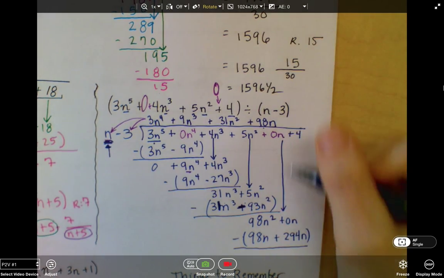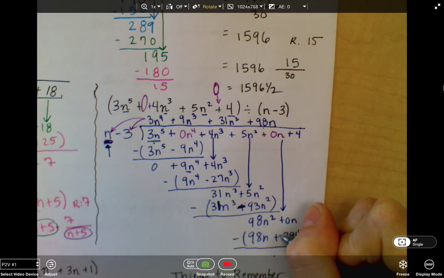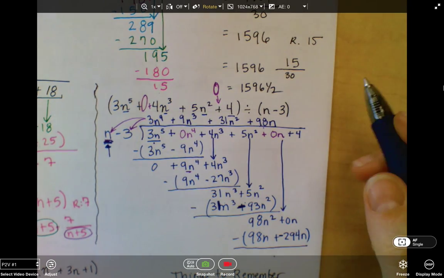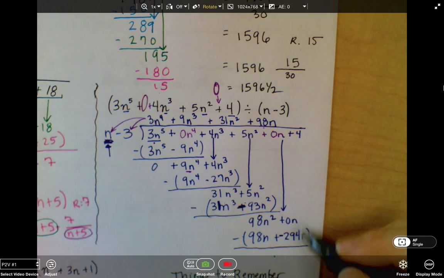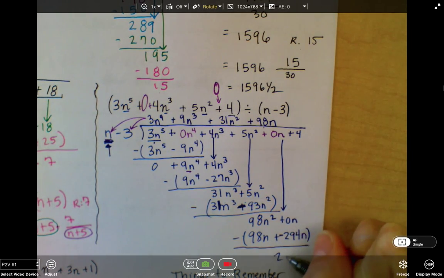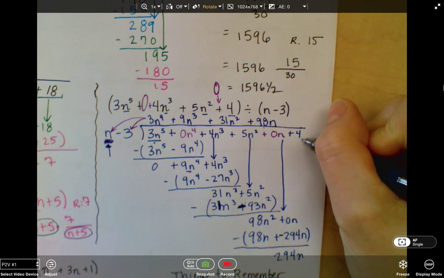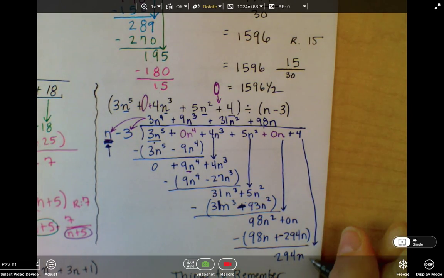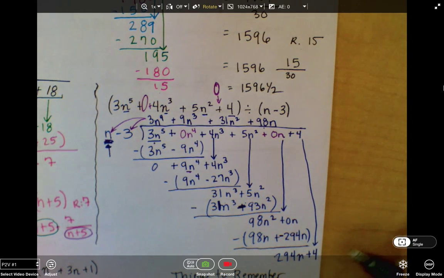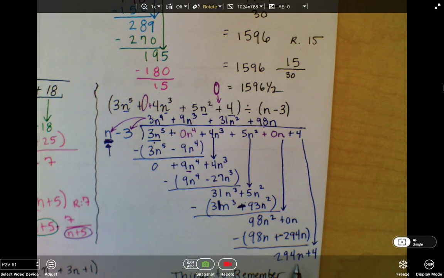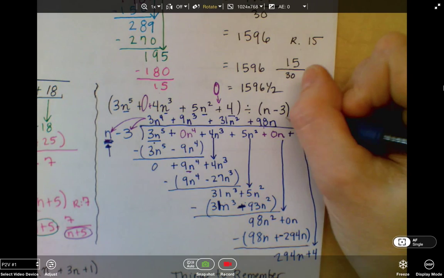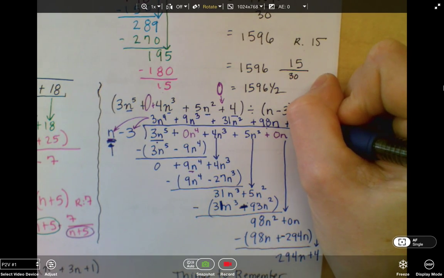Subtract. It's going to give me, oh, that guy's still negative. 0 and then 294 positive n. I'm going to bring down, oop, this guy's going to have to sneak around, plus 4. And then I would do that one last time, but this time the numbers are getting really yucky.